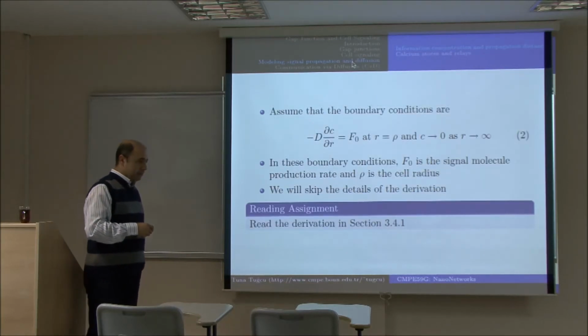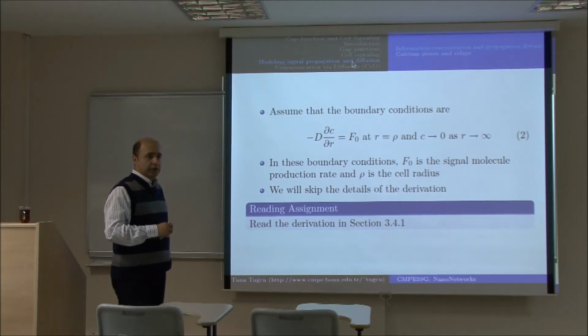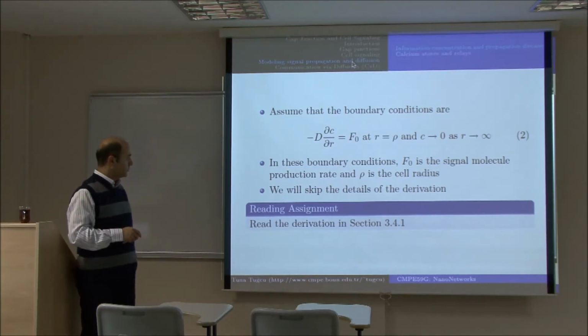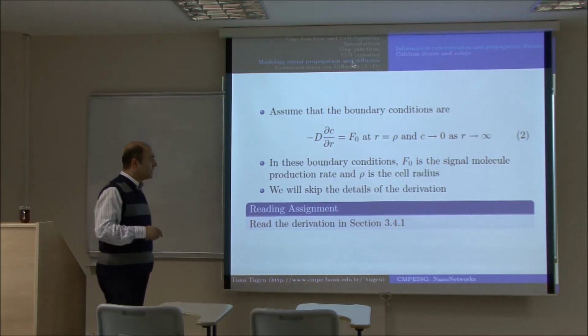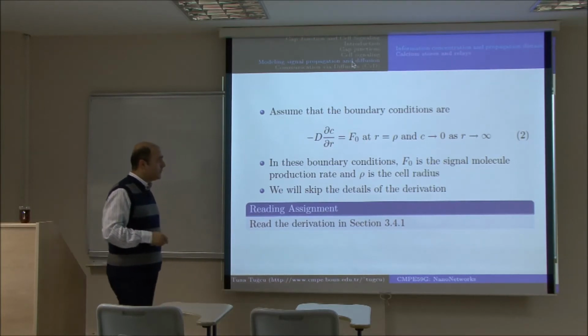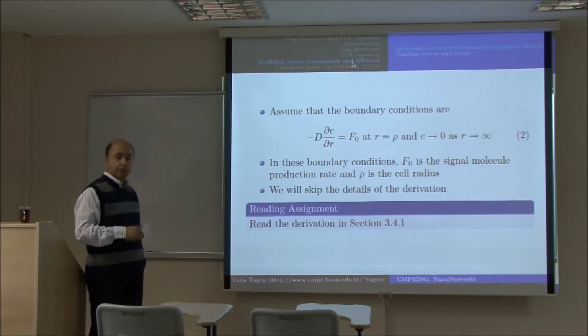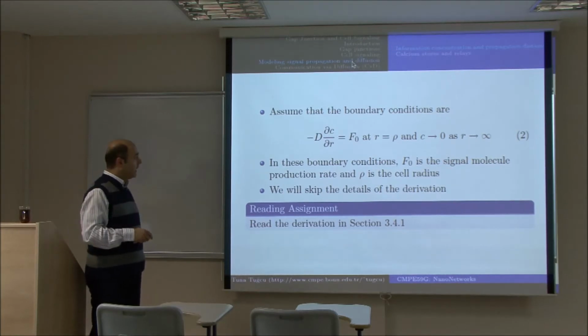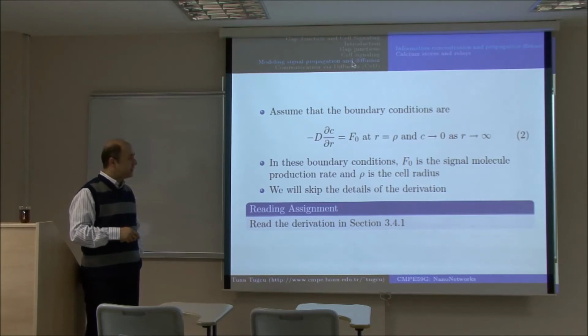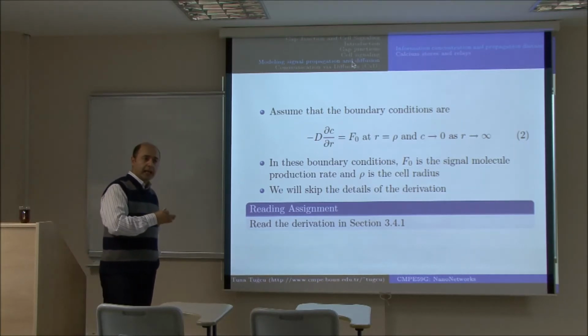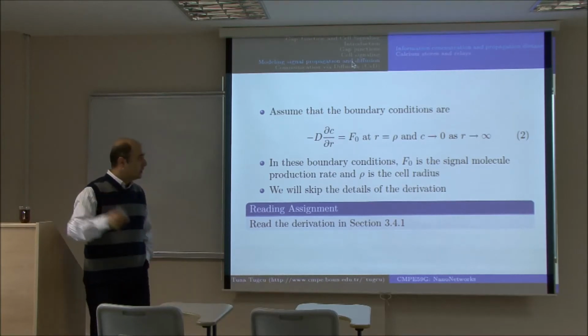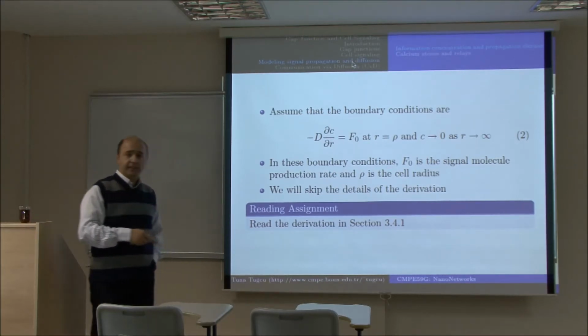The boundary conditions for this transmission can be represented as in here, where F0 is the signaling molecule production rate, and this is what we have at the distance of rho, which is actually the cell radius. This is one of the bounds, and the other extreme is where the distance is infinity.